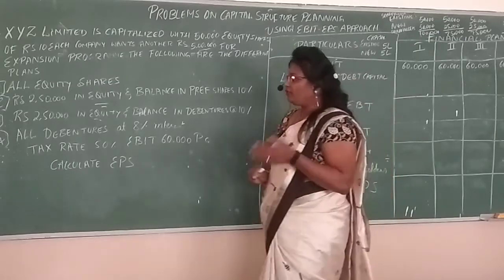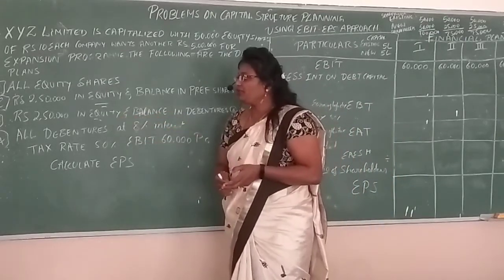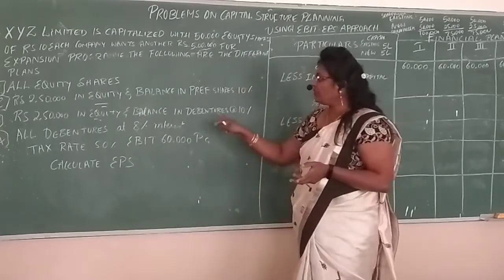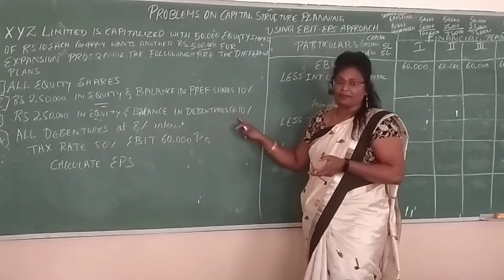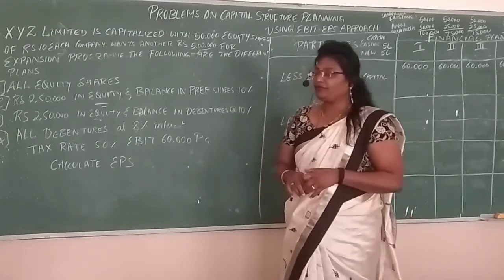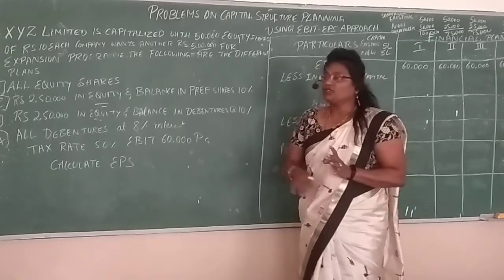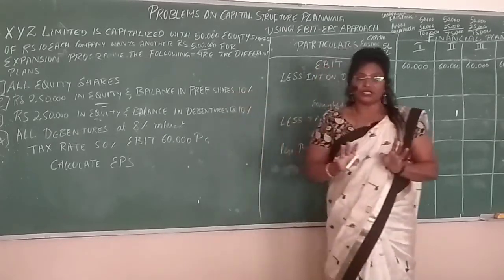They have one more option: they can still go with 2,50,000 in equity, and the remaining in debentures at 10%. The last plan is going with all debentures at 8% interest. So they have these 4 options.